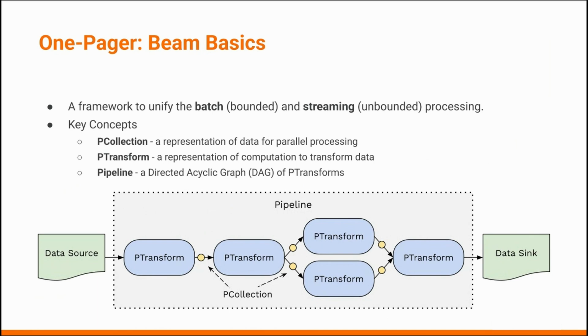In this visualization, I prefer to show PTransforms as graph nodes, which aligns with how pipelines are constructed with Beam SDKs. Each PCollection connects the PTransforms, serving as the output of one and the input of another.